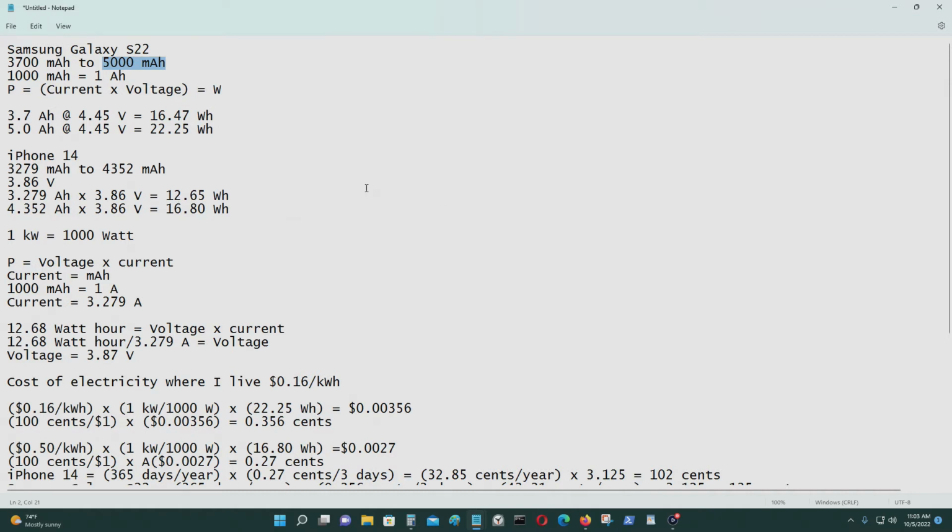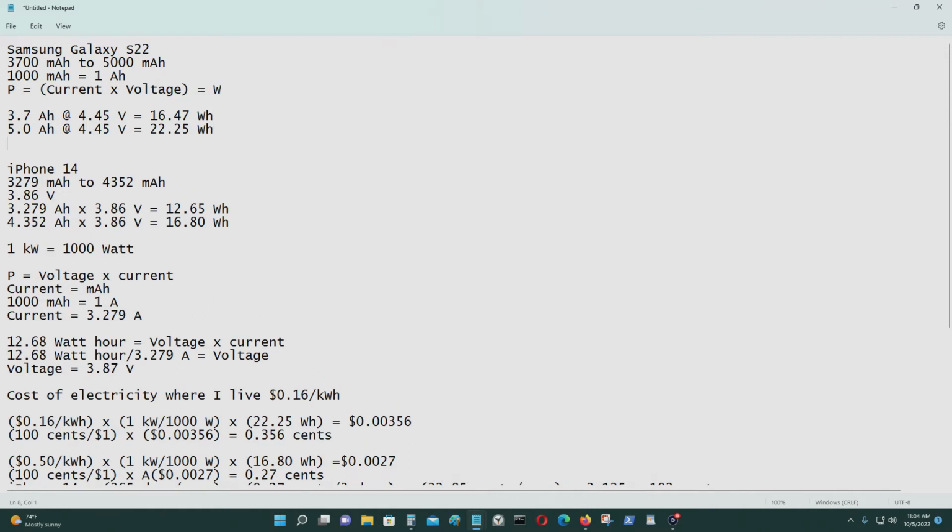Like I said earlier, power is equal to voltage times current. We know what the voltage is here for the Samsung phone, it's 4.45 volts. And we know what the battery capacity is. It's 5 amps, so 5,000 milliamp divided by 1,000 milliamp. Basically like this.